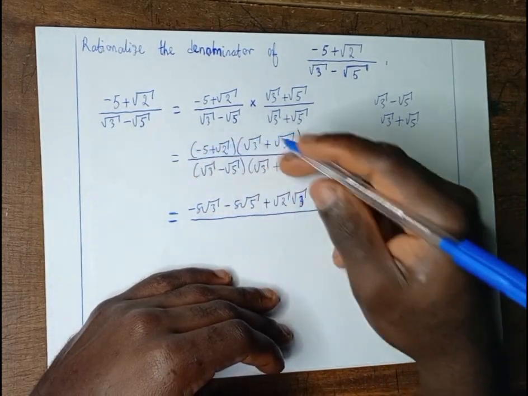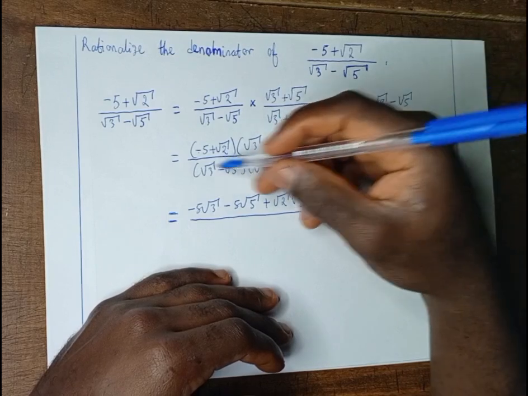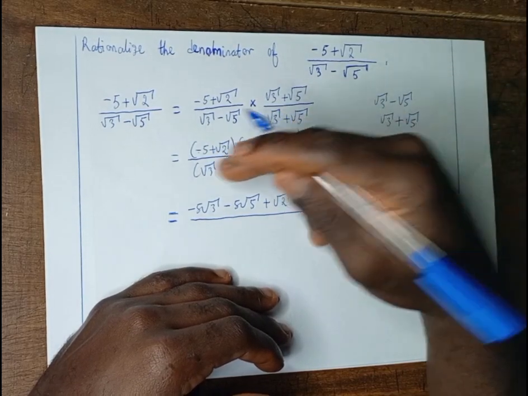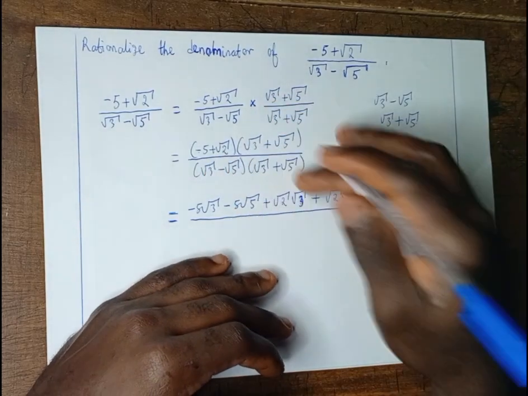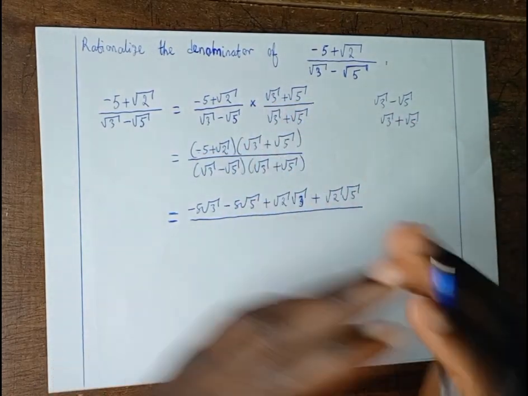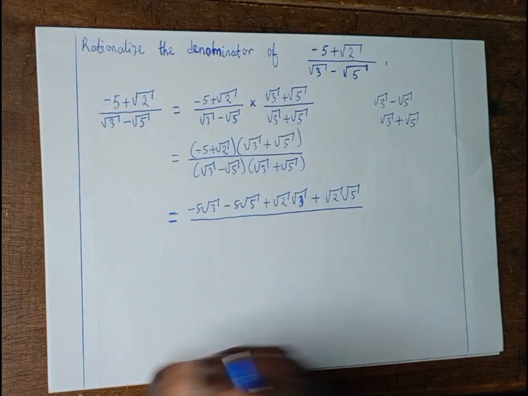At the denominator here, we know this is a factorization of a difference of two squares. If you cannot say that this is a factorization of a difference of two squares, then it is good for you to just expand the brackets.